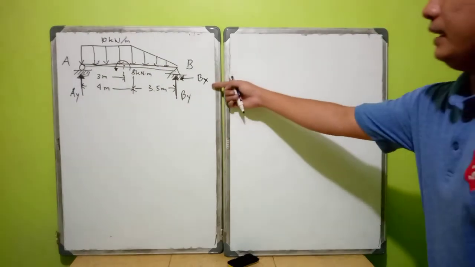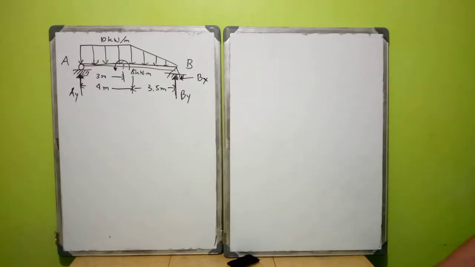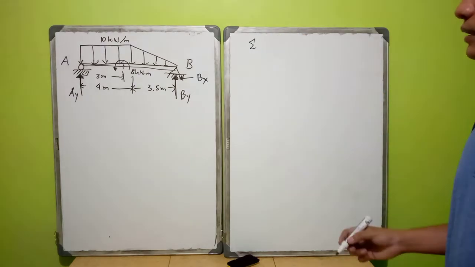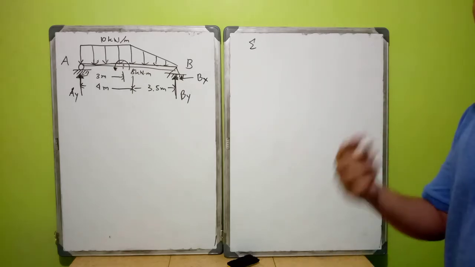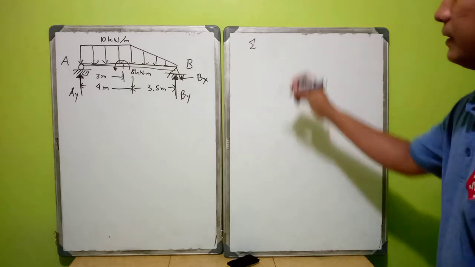Bx is the reaction at the X component and By is the reaction at the Y component. First, I will try solving for the reactions so that we can draw the shear and moment diagrams.